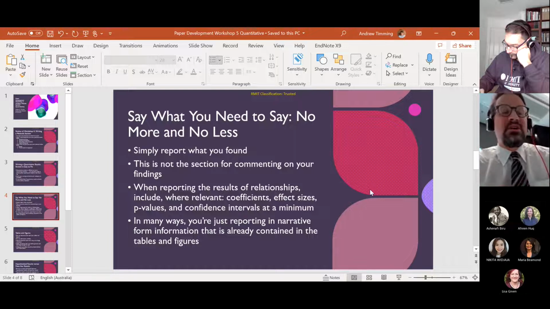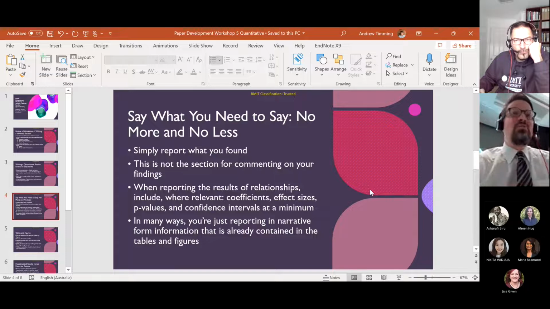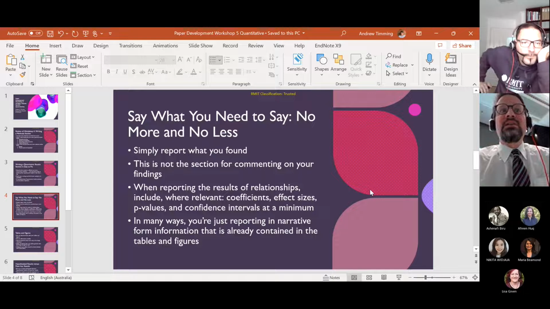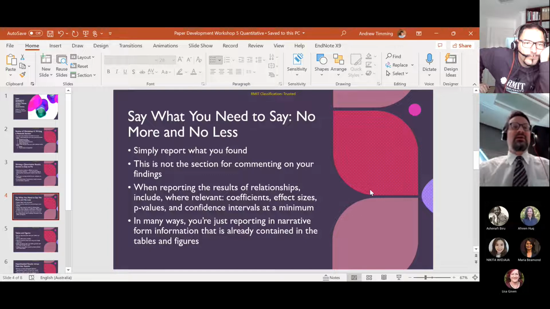The p-values talk about the extent to which those relationships can be generalized to the wider population. And if you can, also include confidence intervals, typically 95% confidence intervals, so that you can again reinforce the generalizability of your results.